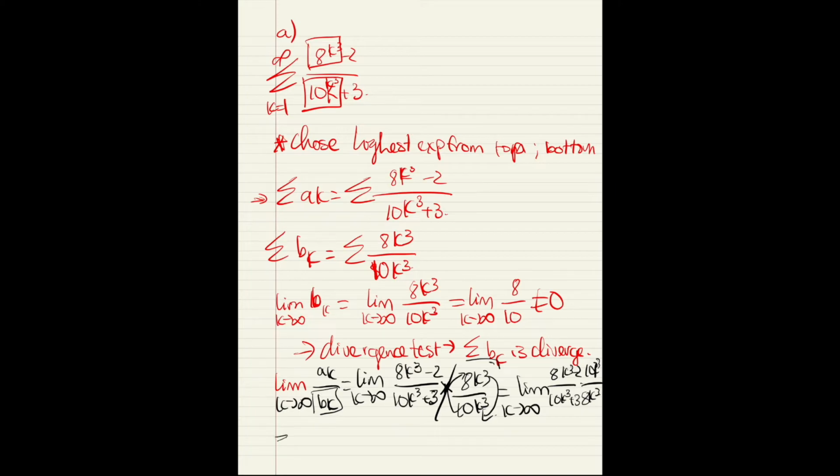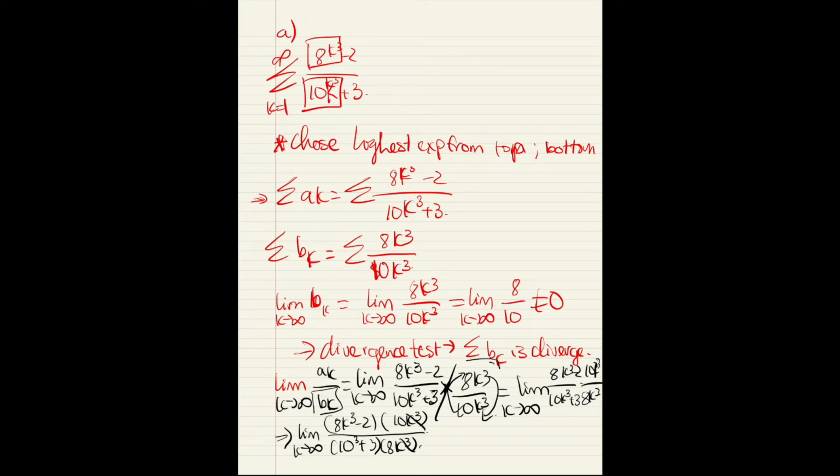By that, when I'm taking the limit as k goes to infinity of (8k^3 - 2) times 10k^3 over (10k^3 + 3) times 8k^3.